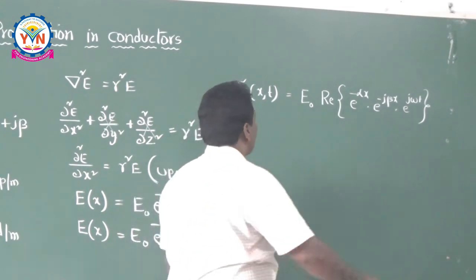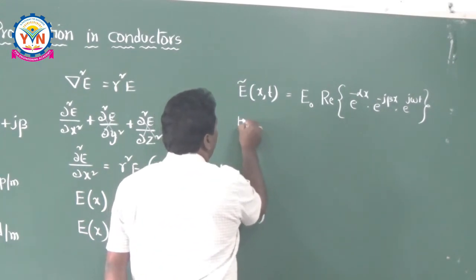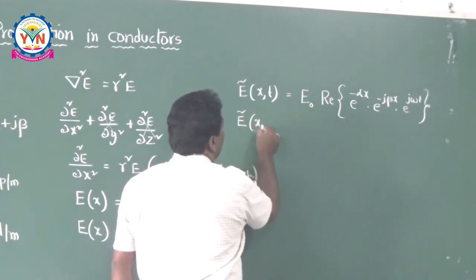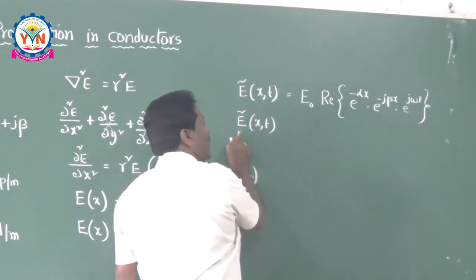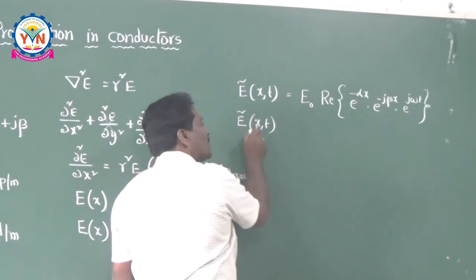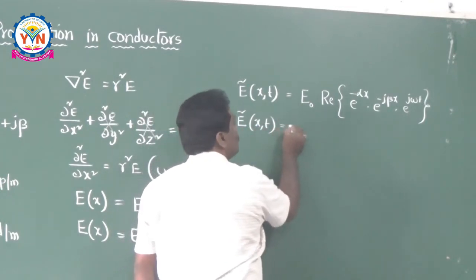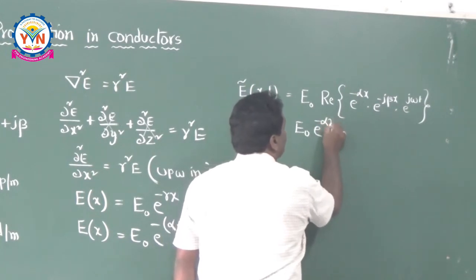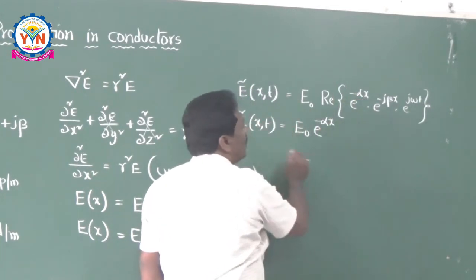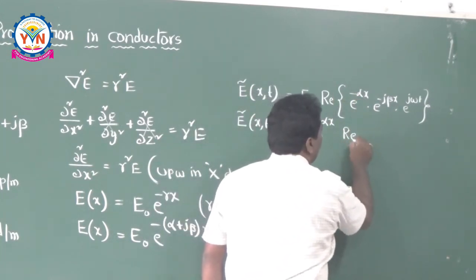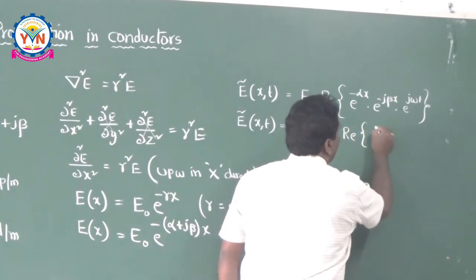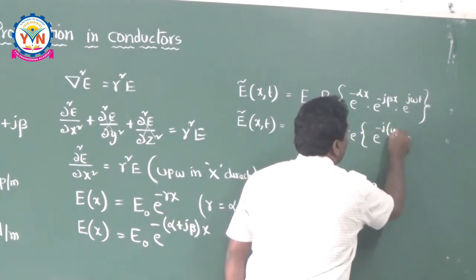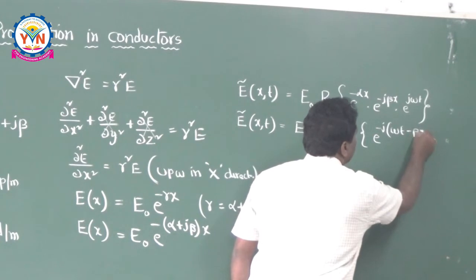So what is the equation here? E cap of x comma t is equal to, that means a wave which is a function of distance and time is equal to some E naught into e to the power of minus alpha x, which you can also take out, and take the real part of e to the power of minus j into omega t minus beta x.